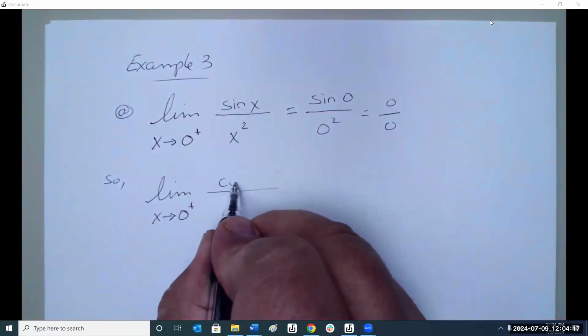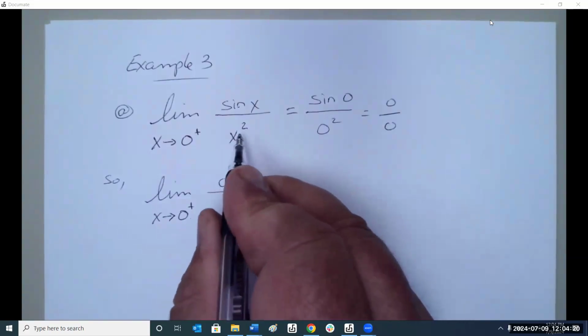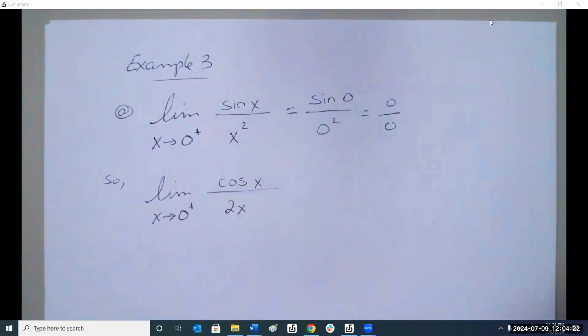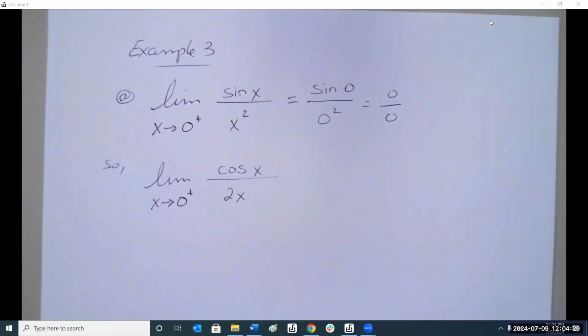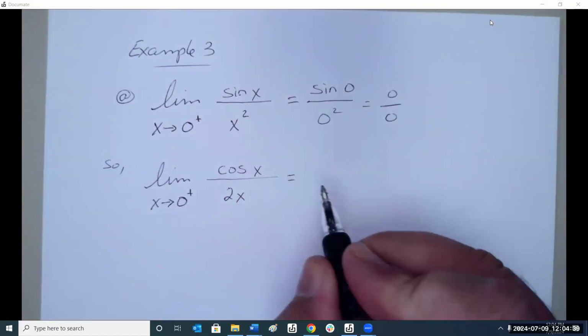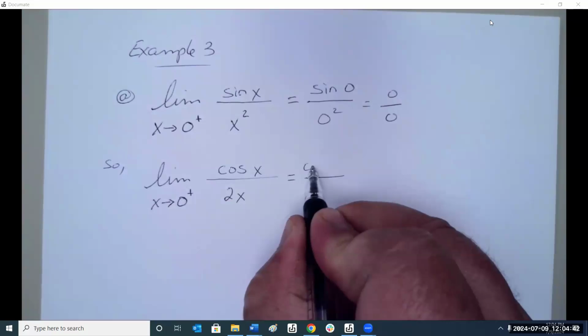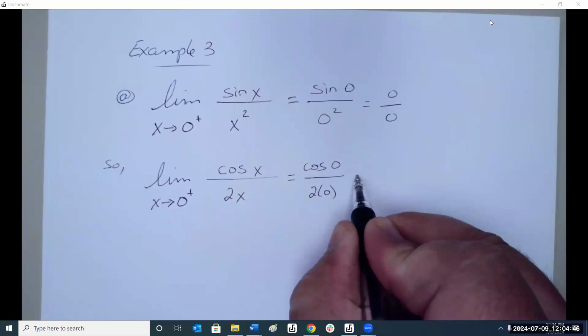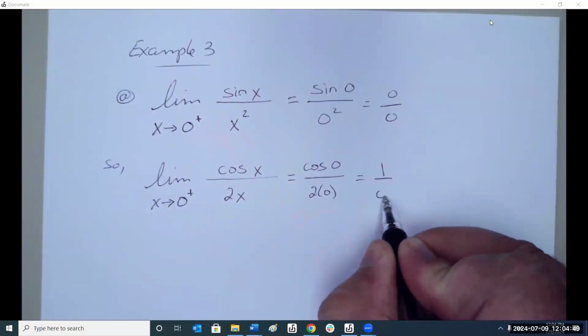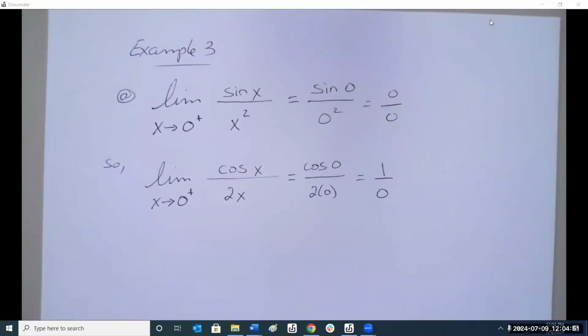Derivative of sine is cosine. x squared is 2x. Cosine of 0 over 2 times 0. So what's the answer?